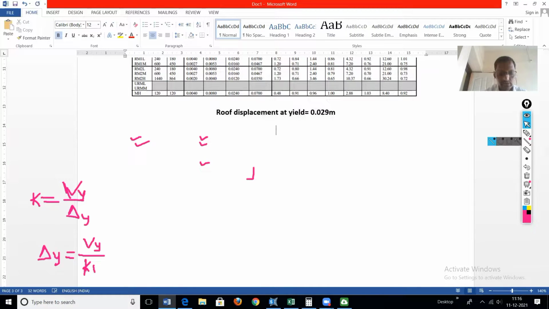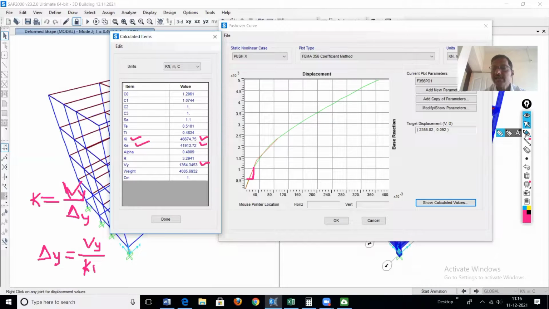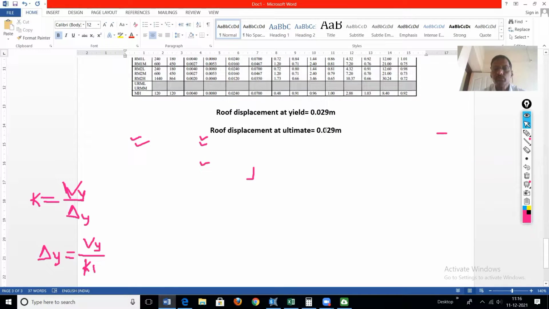Similarly, the roof displacement at ultimate is equal to the target displacement, which is 0.092 meter. These are the two displacements.